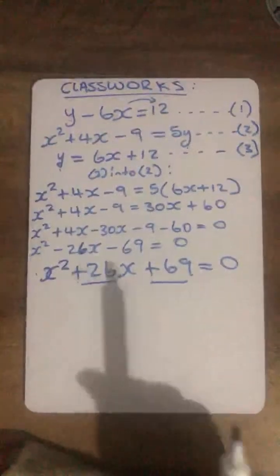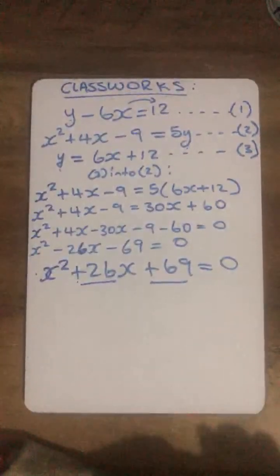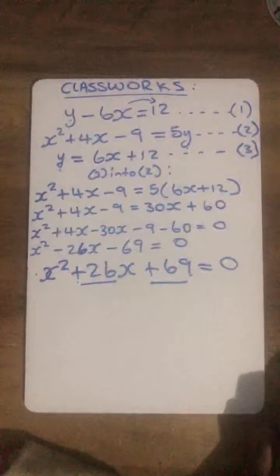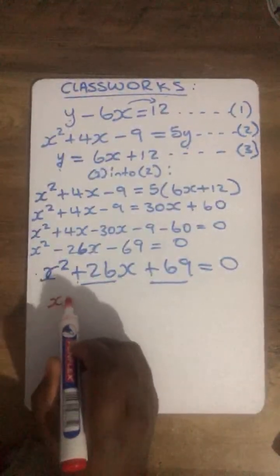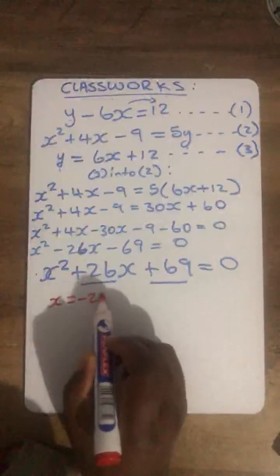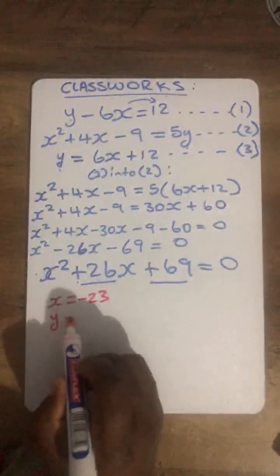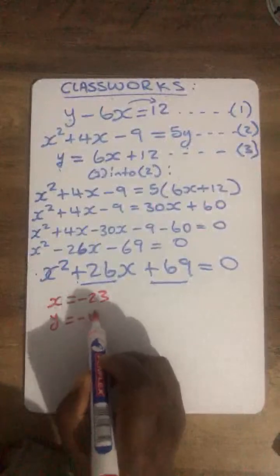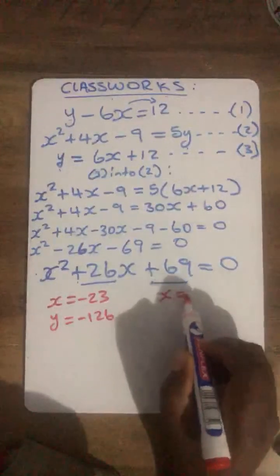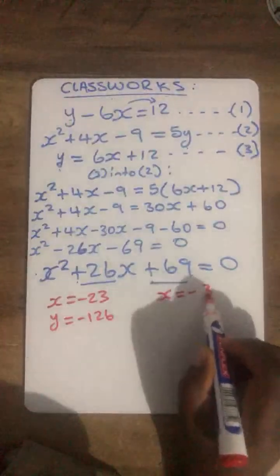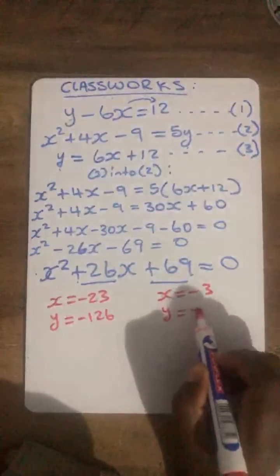But this is the only way to check if their answers are correct. Let me give you guys their answers. They got x to be negative 23, and then they got y to be negative 126. We're going to test these answers, and then the other x is equal to negative 3, and then y is equal to negative 6.